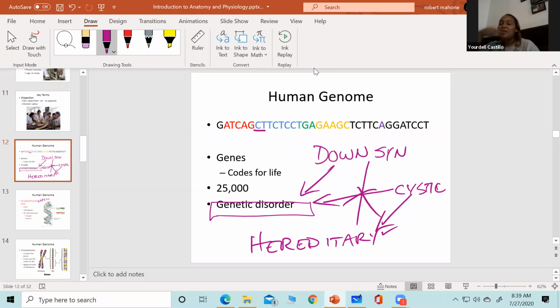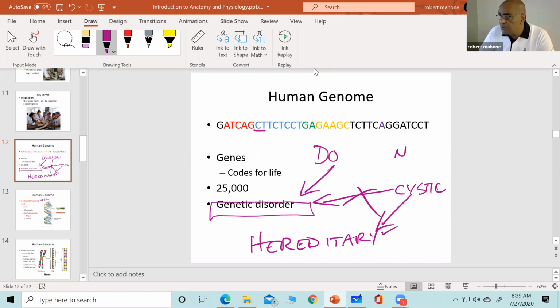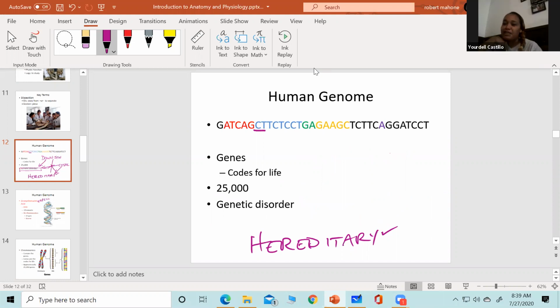So that means somebody in the family has that, right? That's what? Just cystic fibrosis, yes. Because my nephew has that. Really? Yeah. That's an inherited disorder. You get that from your parents. But Down syndrome is not hereditary. It's genetic. It's a problem in their genes, but it's not something you get from your parents. Okay.